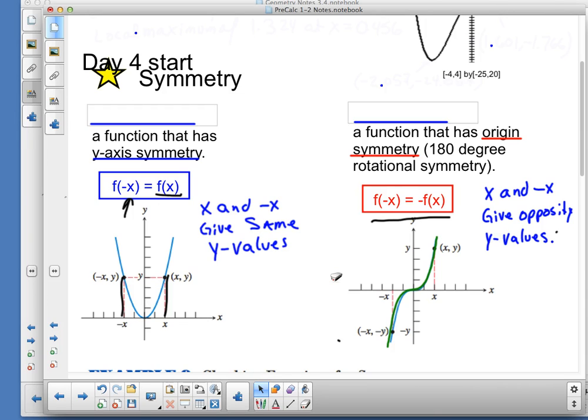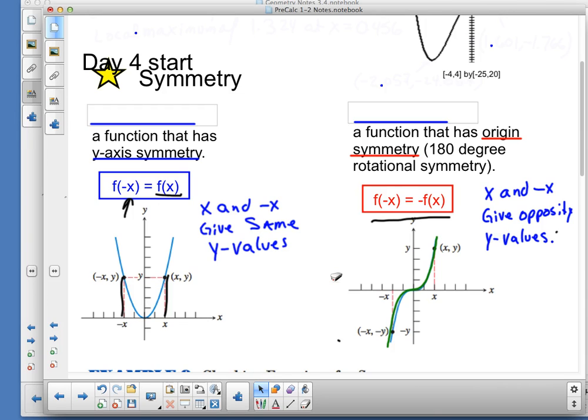Now, here's the thing. When you went through geometry, you learned something about point symmetry. You had rotational symmetry and line symmetry, but then we had point symmetry, which was rotational symmetry of exactly 180 degrees about the origin of the XY coordinate plane.